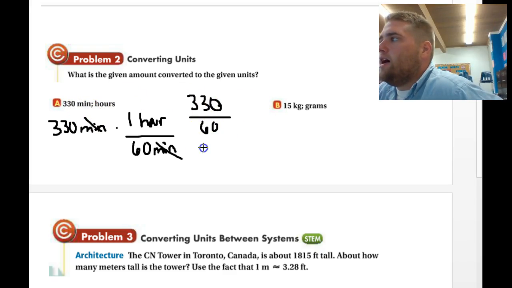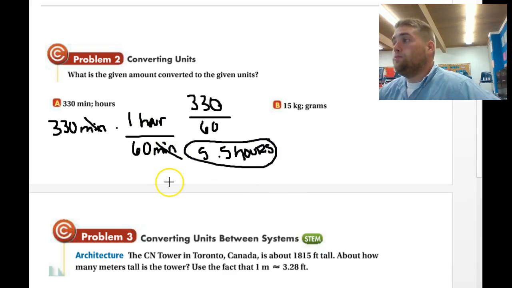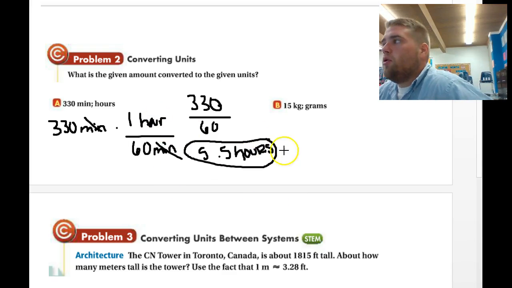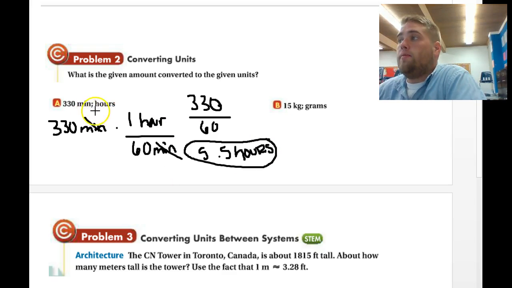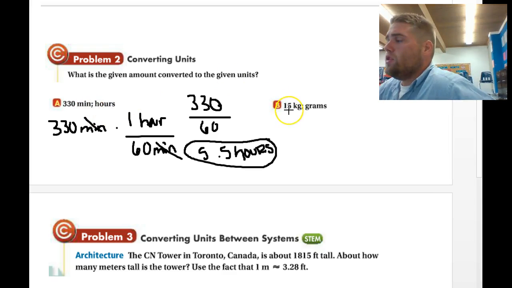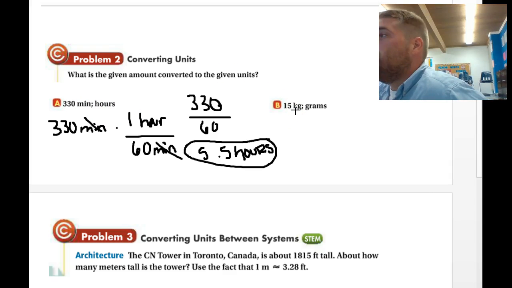Well, when I do this math, I get 5.5 hours. So one tough part with problem 2 is that you have to know how many minutes are in an hour. On B, I have 15 kilograms.